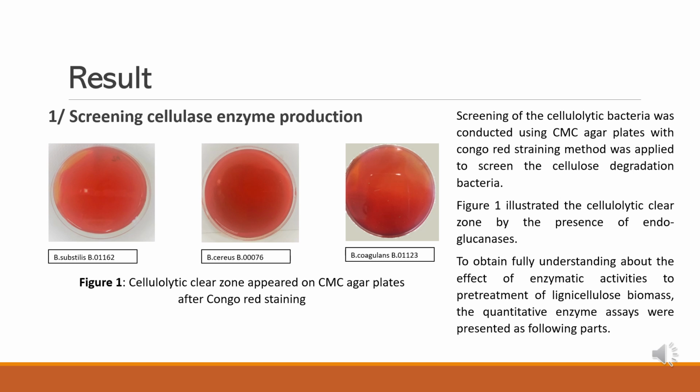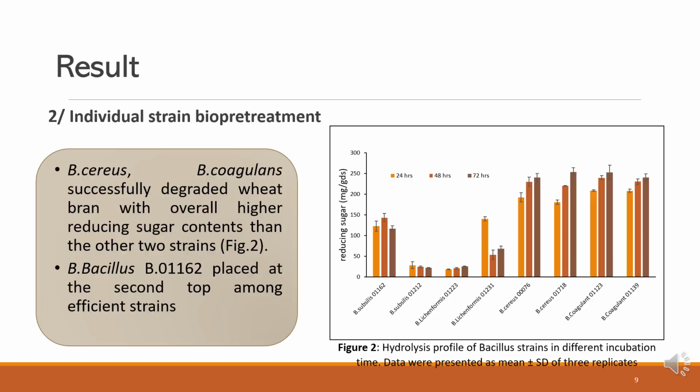It proved the presence of endoglucanase, the dominant cellulolytic enzyme for the degradation. And to fully understand the effects of the enzymatic activity on the pretreatment of each strain, more enzymatic assays will be presented as follows.